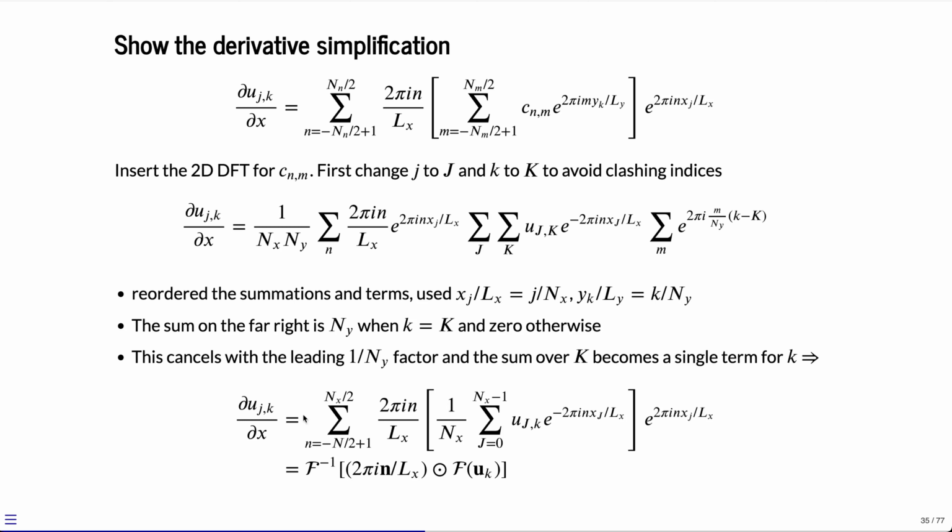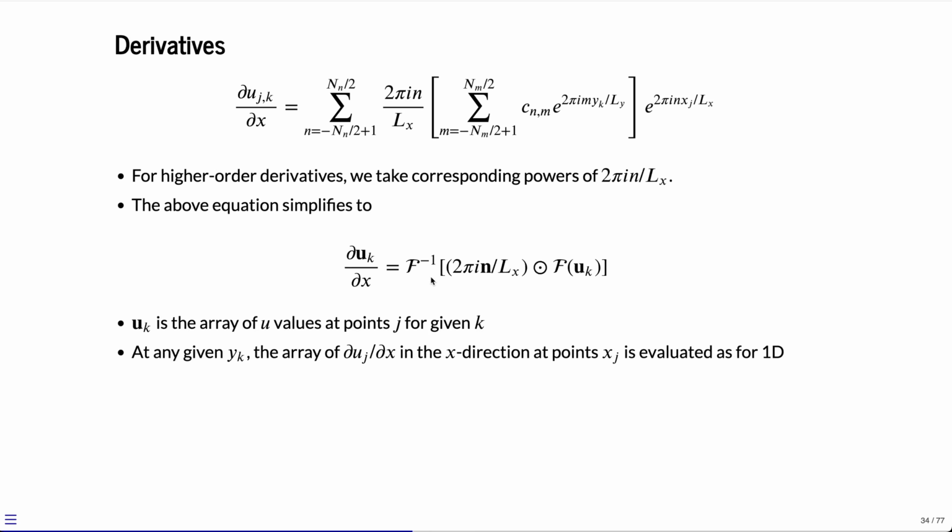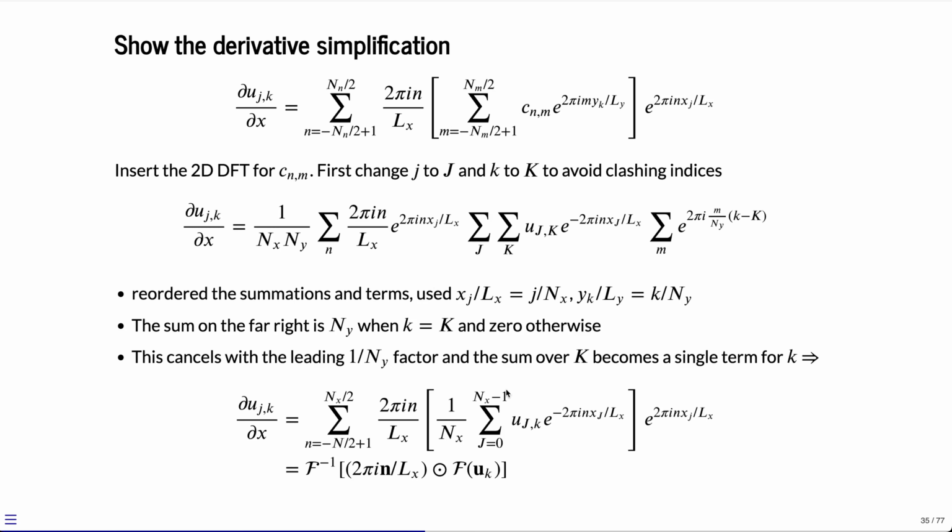Now we're back to this thing here, and we recognize that this is simply what we were looking for, which is the simpler version of this. So here, this is the discrete Fourier transform of u, multiplied by this factor, and then we take the inverse discrete Fourier transform. And all of this is done across all the x's for a given value of k. Okay, so that's the details.